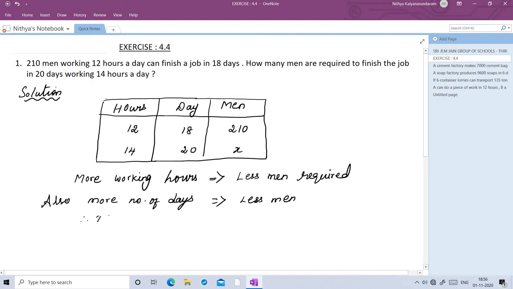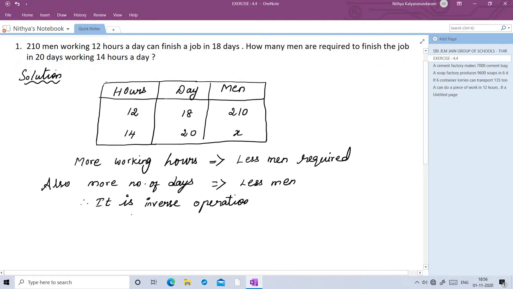So therefore it is inverse operation. So X is equal to 210 into 12 by 14 multiplied as it is 18 by 20.